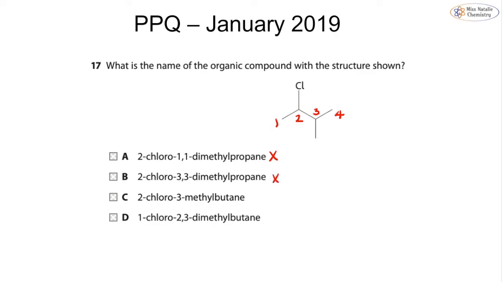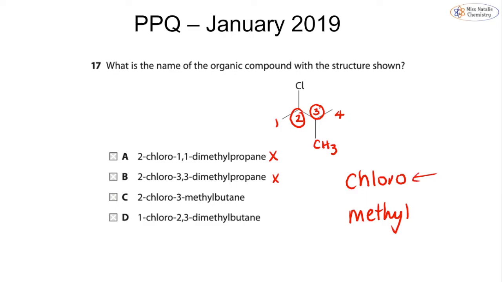So now we need to determine what the chains are. So we have a methyl group. Remember, we don't have to actually show it, but you could always draw it in if you're not sure. We have a methyl group on carbon number 3, and we have a chlorine on carbon number 2. So if we have chloro and methyl, we need to think about which one is going to come first.